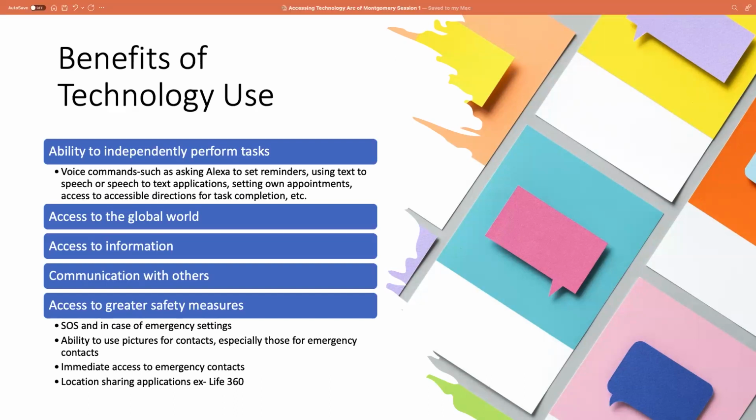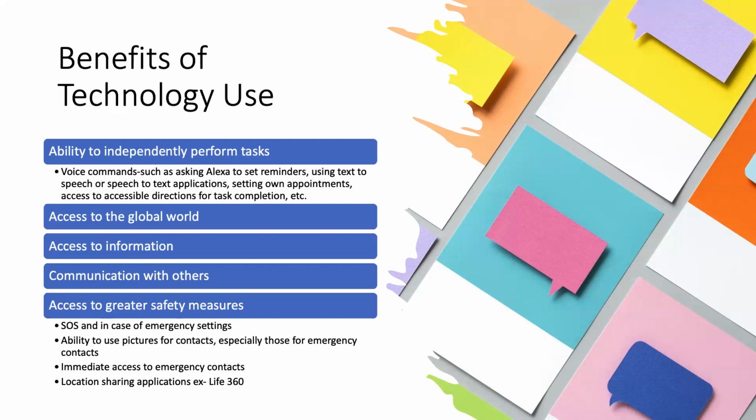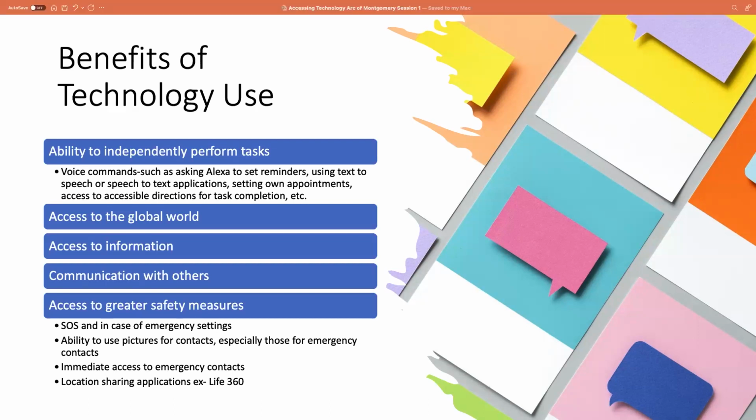So if you have an iPhone, there's SOS settings on it. There are in case of emergency contacts on there. Same thing, other phones might have the in case of emergencies, but it might not be the setting on the iPhone where you push that side button so many times and SOS comes up if you're in danger.